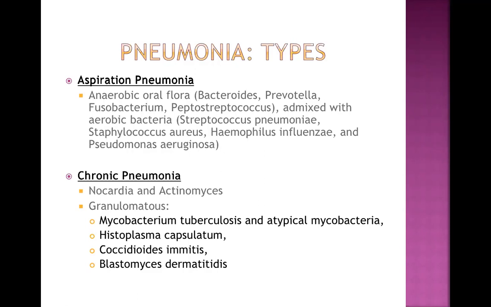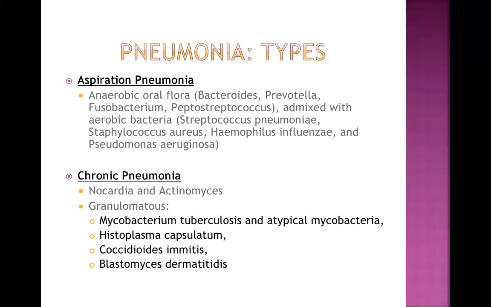Now look at the organisms there, Nocardia and Actinomyces. They are bacteria, and these organisms are listed as granulomatous pneumonia. Some are fungi and some are bacteria. Mycobacterium tuberculosis and atypical mycobacteria are the chronic type of bacteria which can cause tuberculosis.